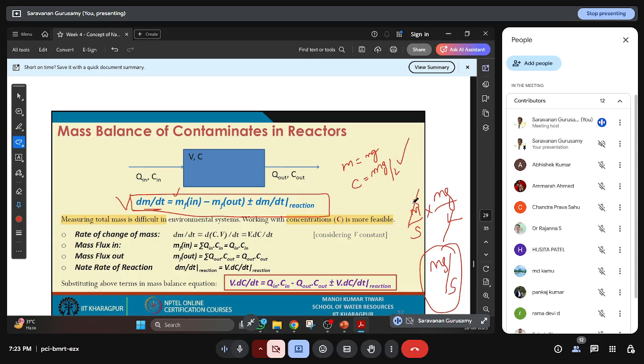Q times C gives you milligram per second. That's the mass balance per tank. So V dC by dt equals Q in C in minus Q out C out plus or minus V dC by dt of reaction.